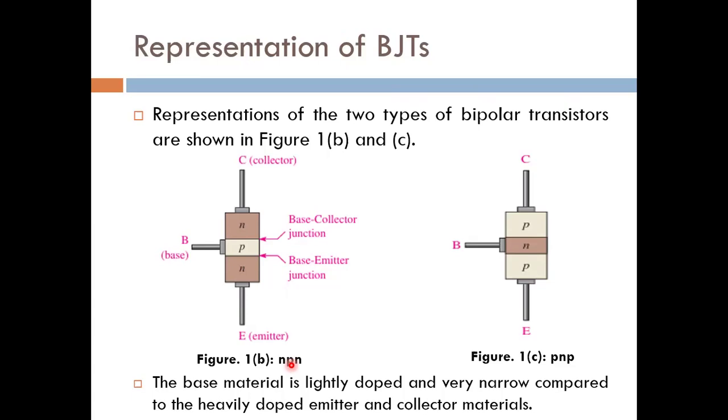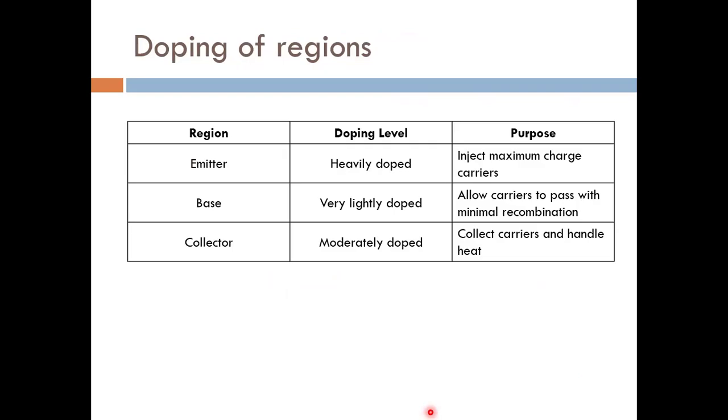If we talk about the base material, it is very lightly doped in terms of the doping, and in terms of the size, it's very narrow compared to the emitter, which is heavily doped, and compared to the collector, which is large in size. So let's have a look at the doping as well as size or thickness of these regions, and there is some purpose behind that.